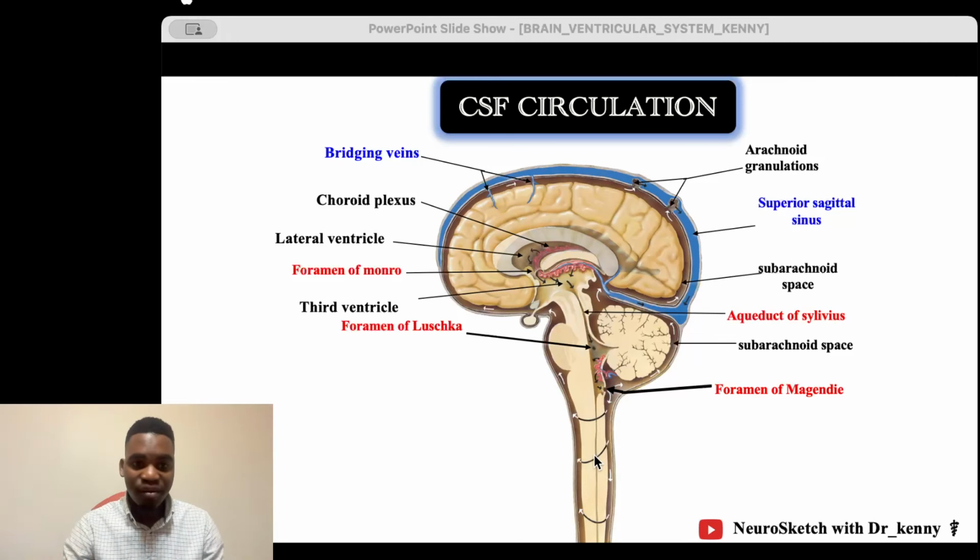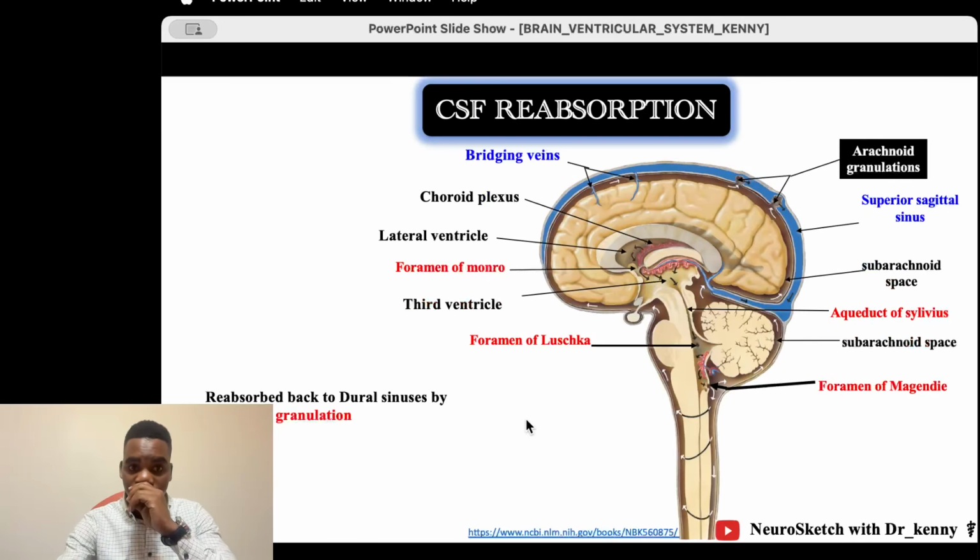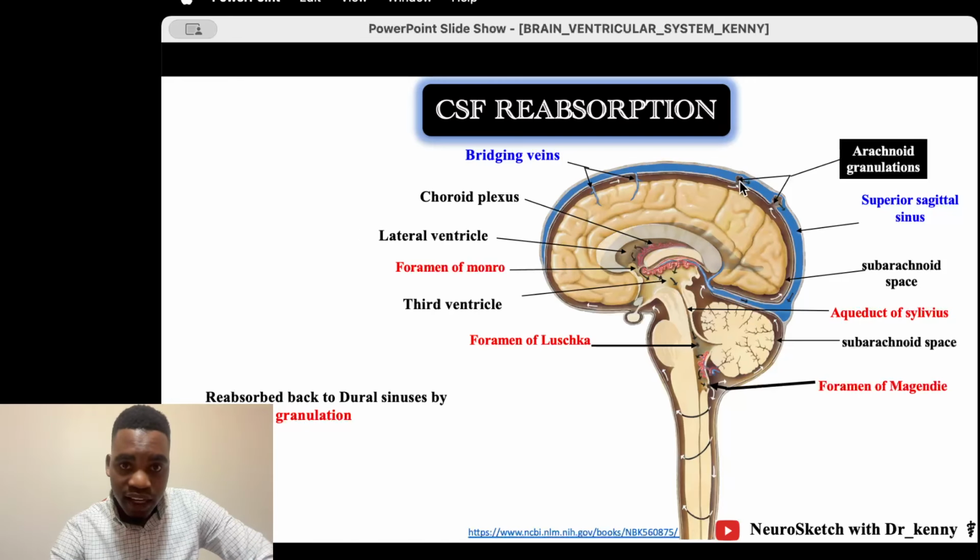And then in the subarachnoid space, this fluid will flow in the subarachnoid space, and then we're going to see that it is absorbed by the so-called arachnoid granulations. So the cerebrospinal fluid is being absorbed by the arachnoid granulations.